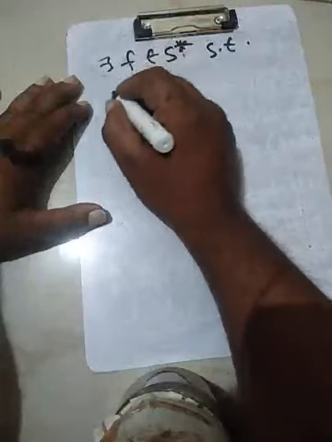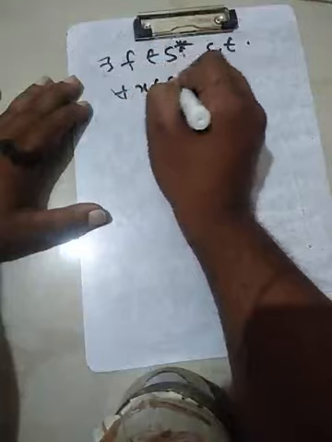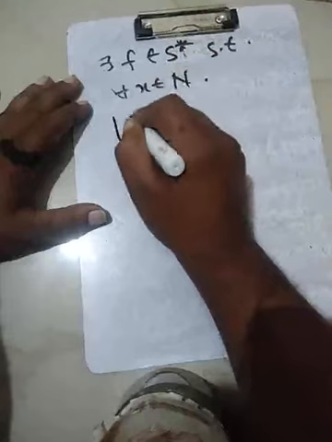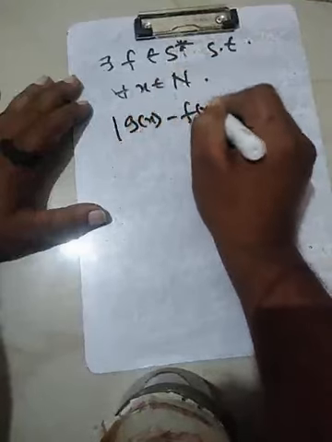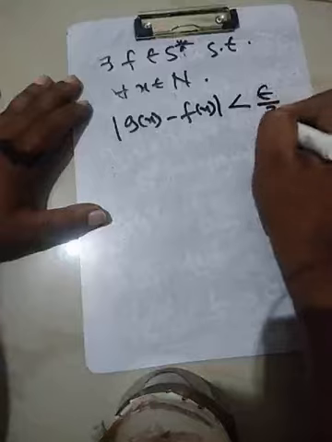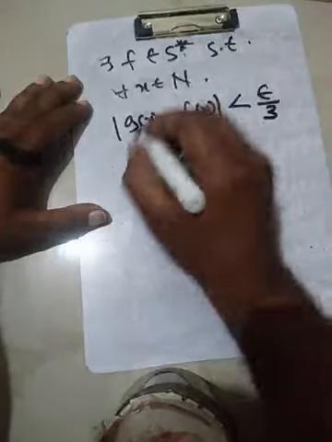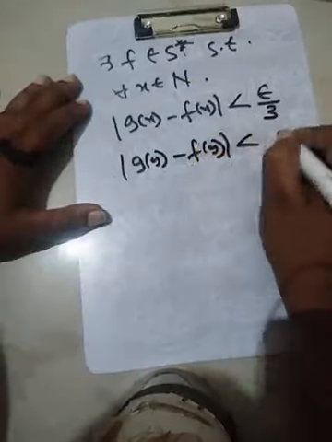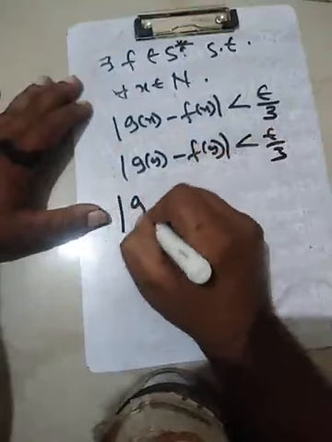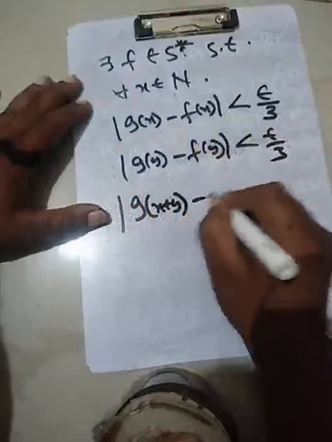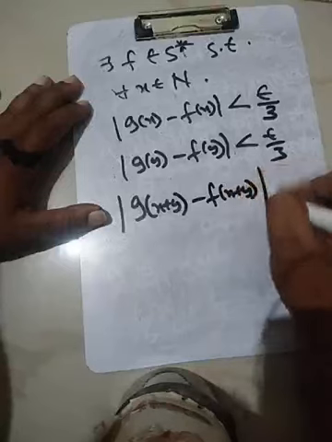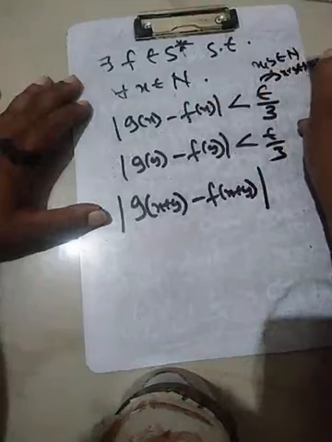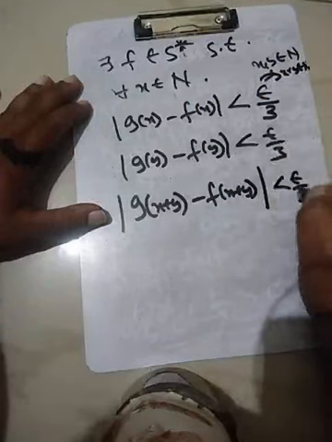the norm of g of x minus f of x is strictly less than epsilon by 3. x is anything in N, we can take y also. G of y minus f of y would also be less than epsilon by 3, and also g of x plus y minus f of x plus y, because N is a normed linear space, x and y belonging to N would imply x plus y belongs to N. So this is also less than epsilon by 3.